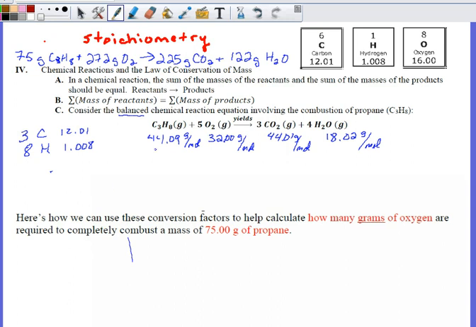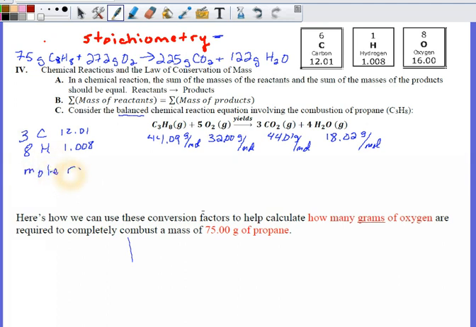You know that molar mass can be used as a conversion factor to convert grams to moles, which is an important step of what we're going to do when we start doing this stoichiometry part of it. The other thing is your balanced equation does provide coefficients that tell you how many moles of something goes with how many moles of your other things. So basically you can create these mole ratios.